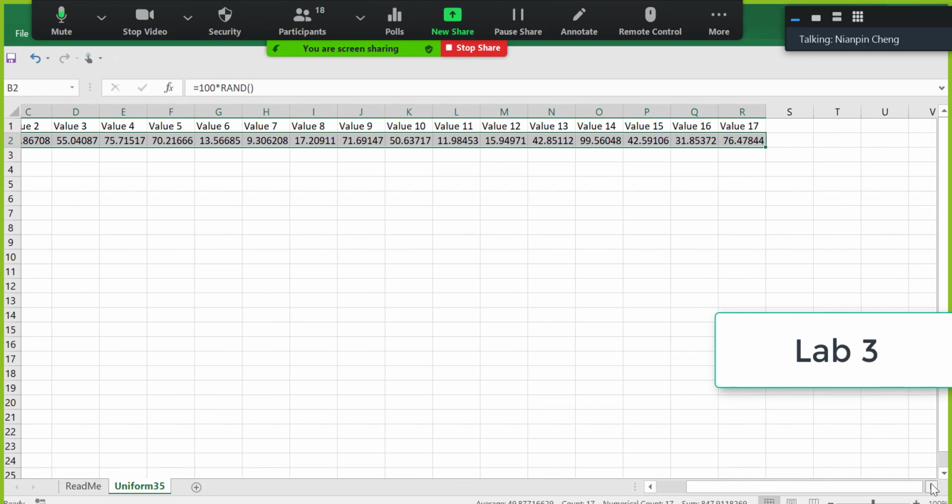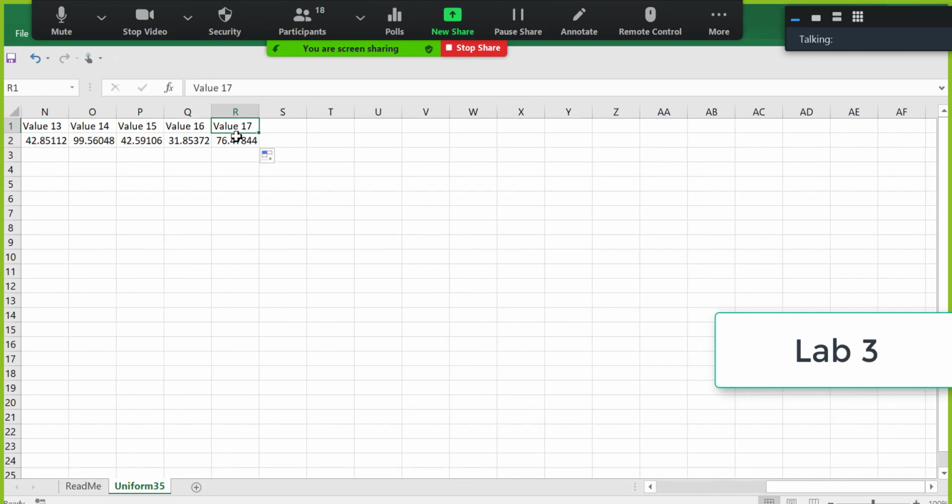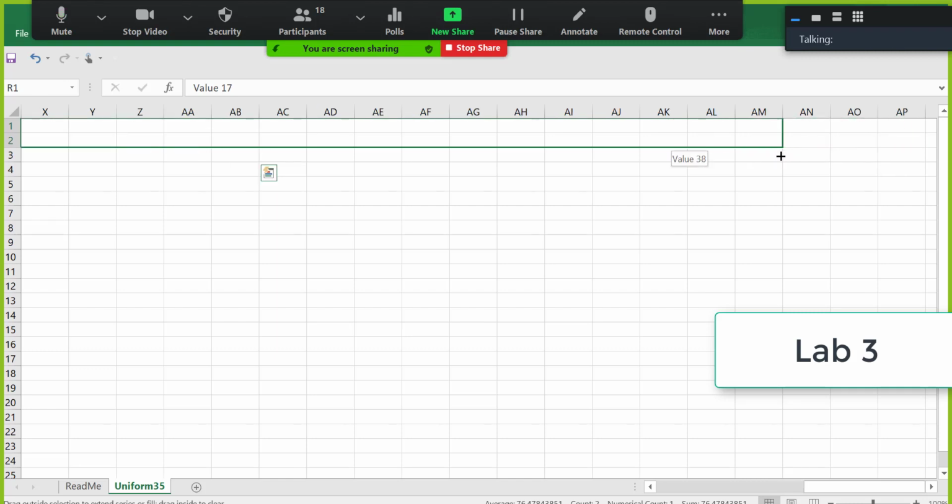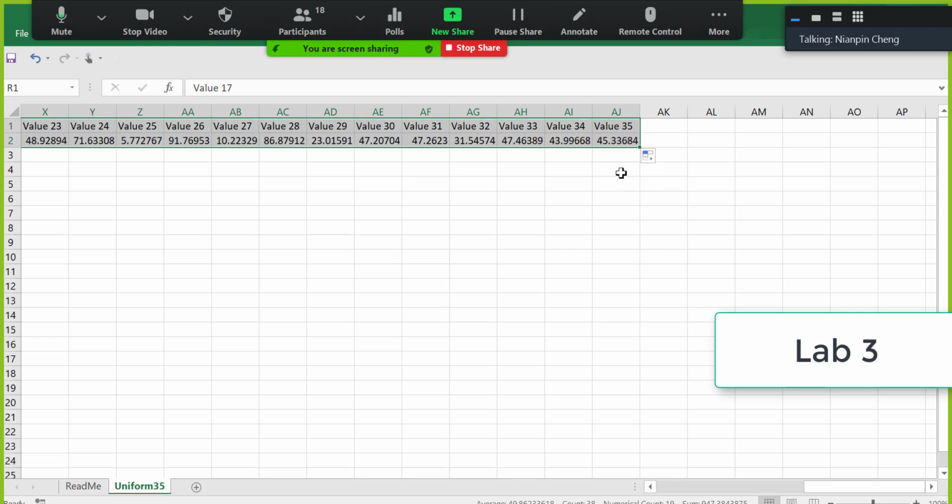So this is 17, I can keep track, and this one goes to 35. Certainly we can simulate this in Minitab, but we try to learn another way to do simulation.